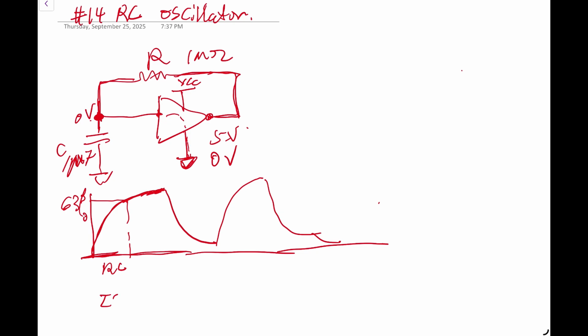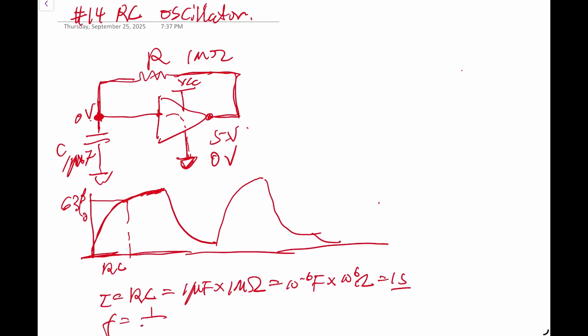And the tau, the RC constant, R times C, which is 1 microfarad times 1 megohm, is 10 to the minus 6 farad times 10 to the 6 ohm, which is close to 1 second. And because you need 2 cycles to form one period of the wave, if you believe this is true, your oscillation frequency will be close to 1 over 2 seconds, about half a hertz.